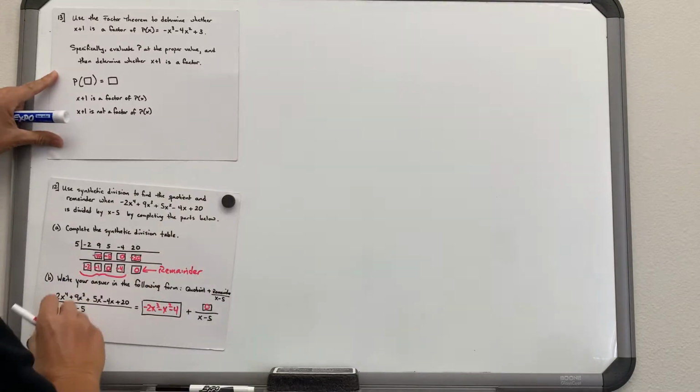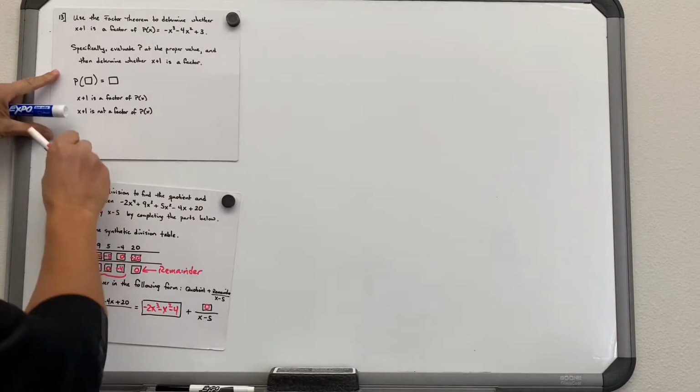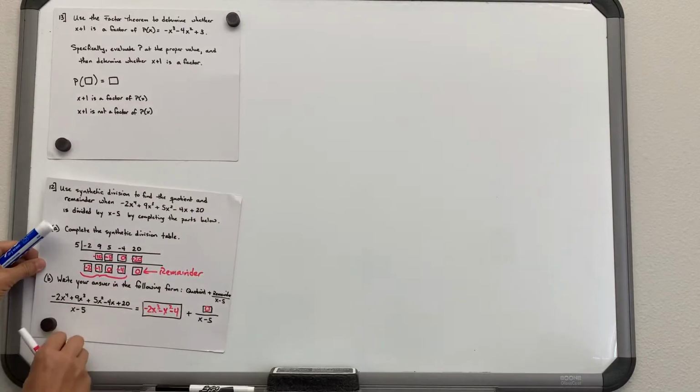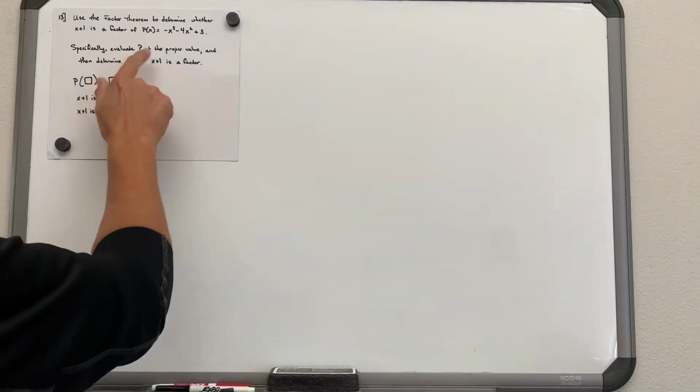Okay, 13 says, use the factor theorem to determine whether x plus 1 is a factor of p of x equals negative x to the third minus 4x squared plus 3. Specifically, evaluate p at the proper value.